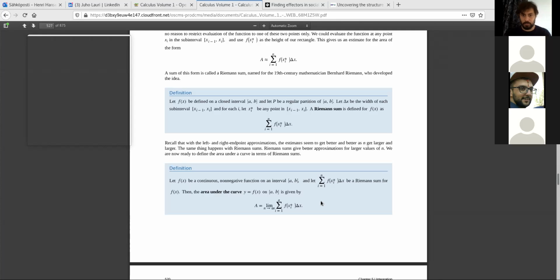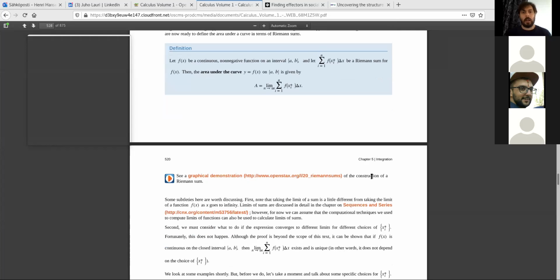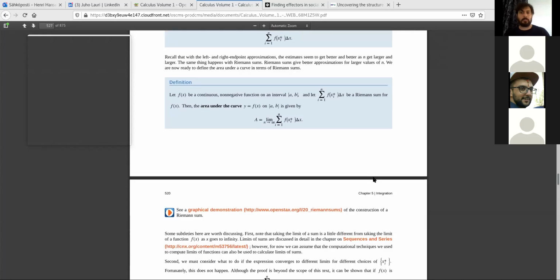I don't like the Riemann sum. I like the Lebesgue integral definition a little bit better, but I think this gives a nice idea of what is going on here. This can be thought of as approximating the area with smaller and smaller pieces.